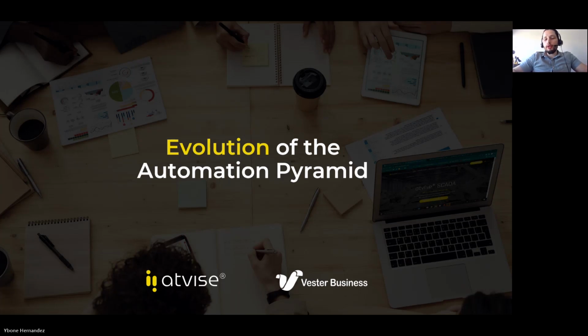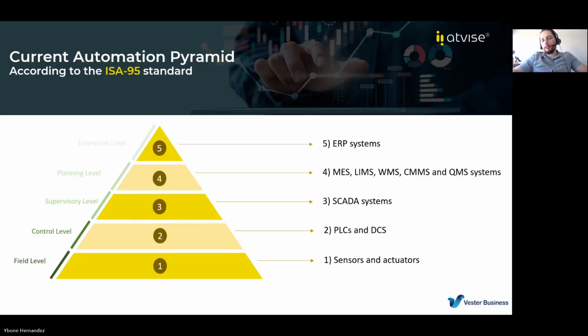But this brings a significant change in how we do automation right now. And it's a good time to bring in the standard, which is ISA-95, to give a better context on where we are at the moment and where we are going to be in the future.